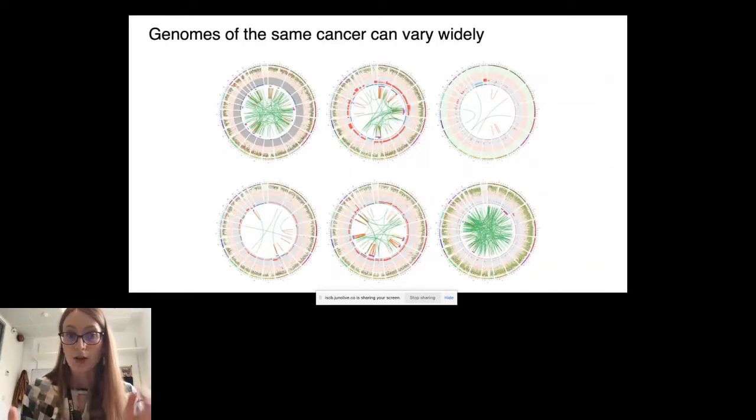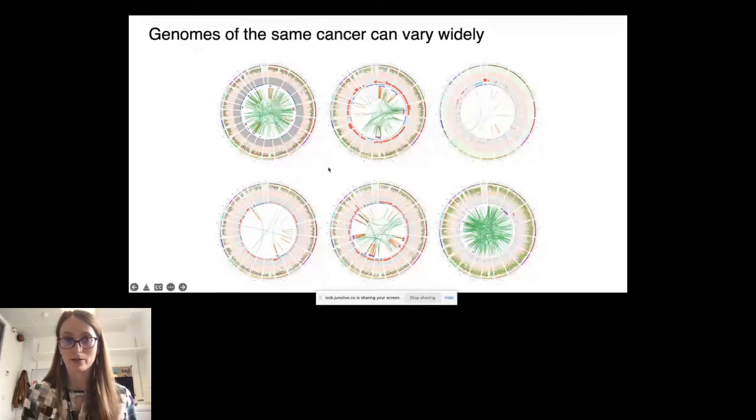So genomes of the same cancer can also vary widely. Here I'm showing you 6 different genomes from cancer patients. These are all esophageal cancer patients. And you can see that these are really quite strikingly different. You can have genomes that are really highly mutated and highly rearranged, or the opposite.